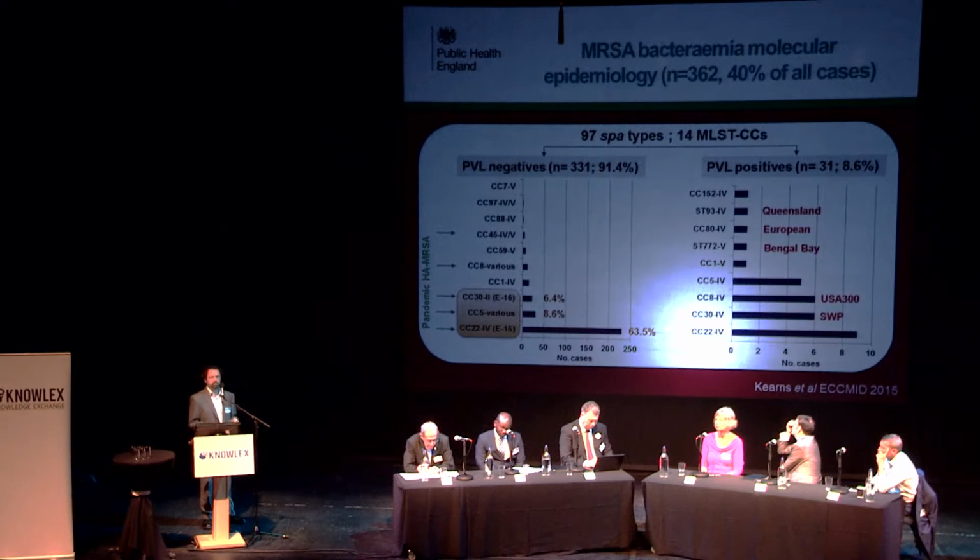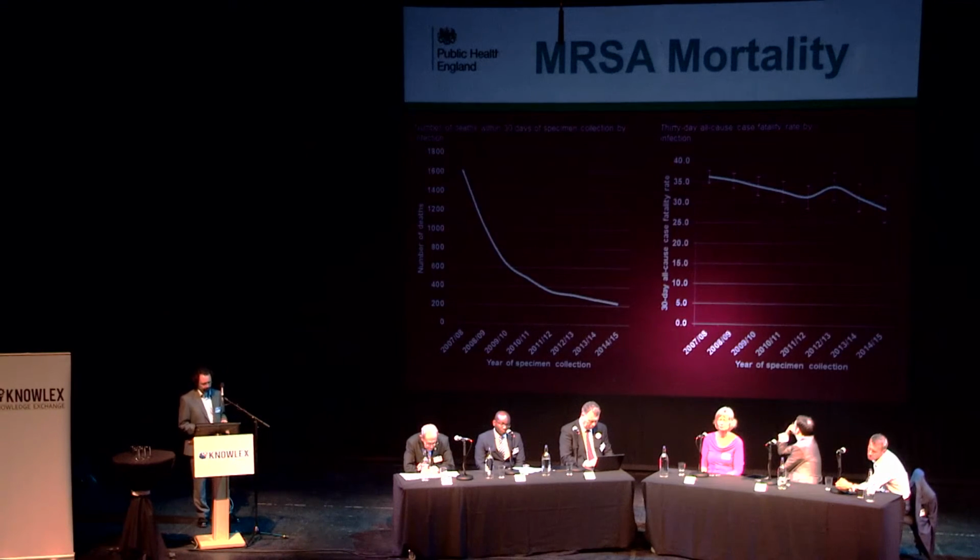So that's something to be concerned about. Essentially, our MRSA bacteremia is now much more diverse than it used to be, and we're seeing some ingress of some clones that are associated with poor outcomes.